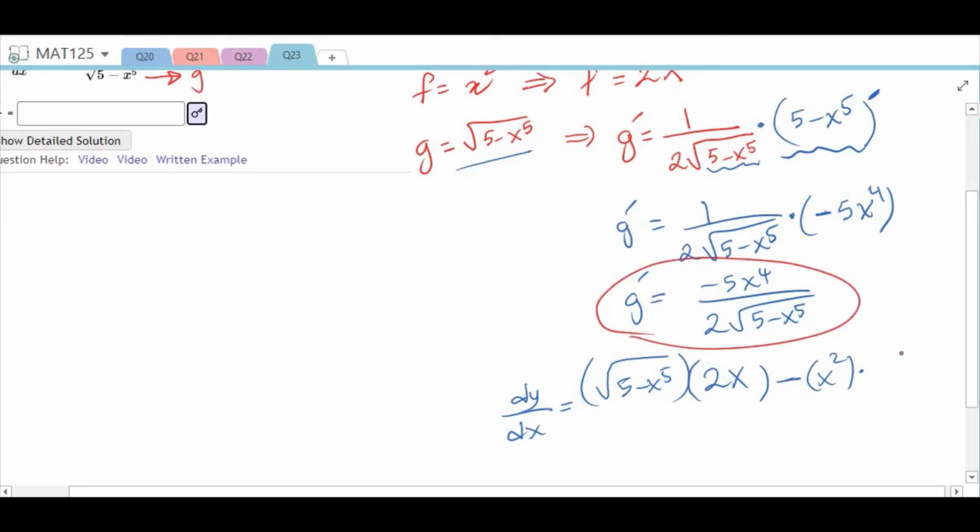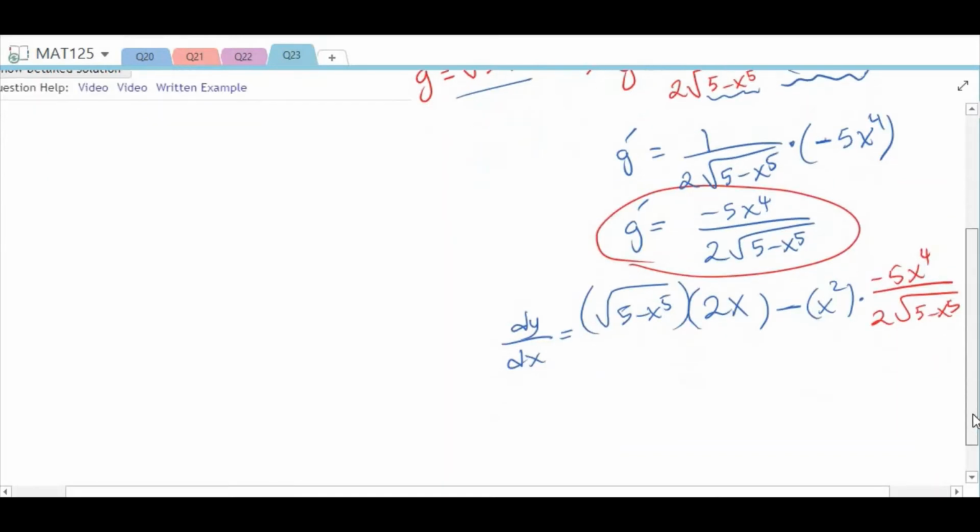I'm going to write it in red: times negative 5x to the fourth over 2 square root of 5 minus x to the fifth. Everything is divided by the denominator squared, which is square root of 5 minus x to the fifth, all squared.